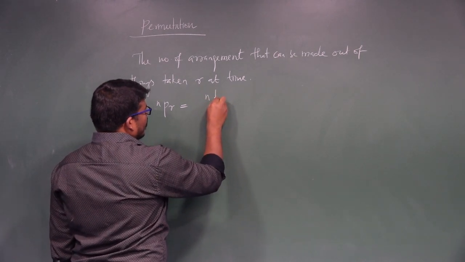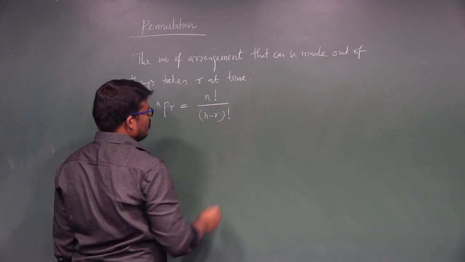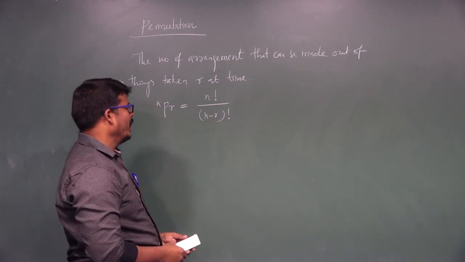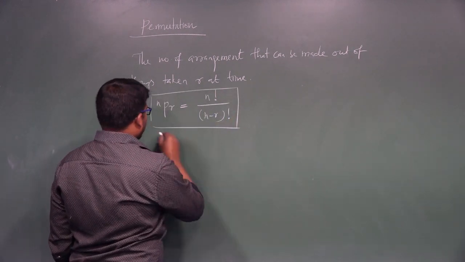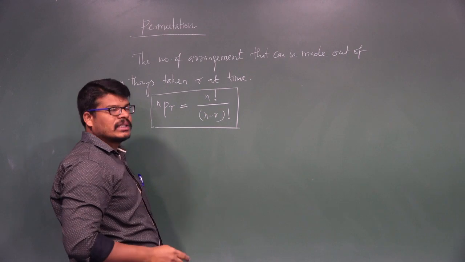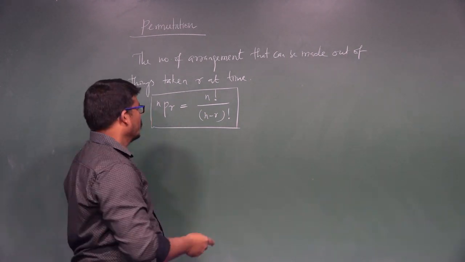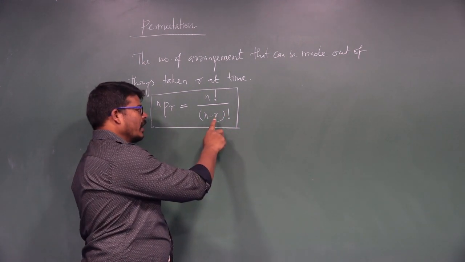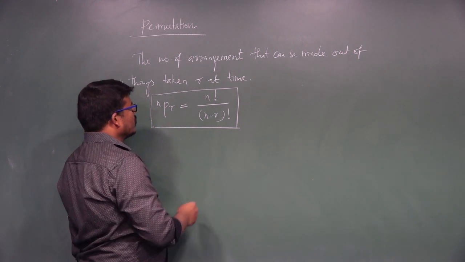Now writing n factorial by n minus r factorial: nPr equals n factorial by n minus r factorial. Already you know the factorial. n factorial is the product of the first n natural numbers. n minus r factorial is the product of the first n minus r natural numbers.